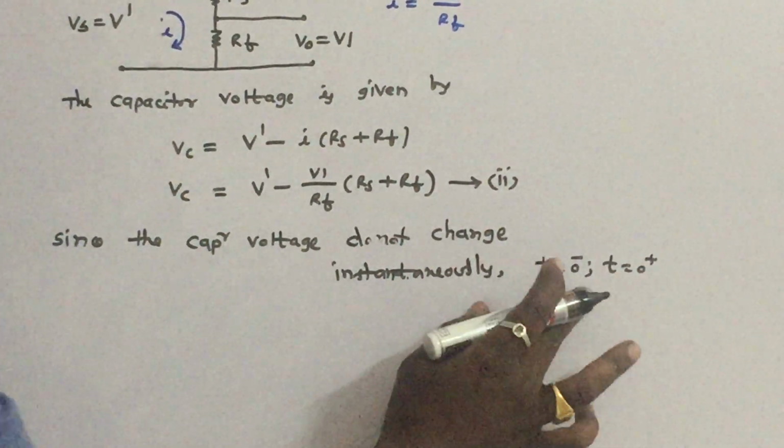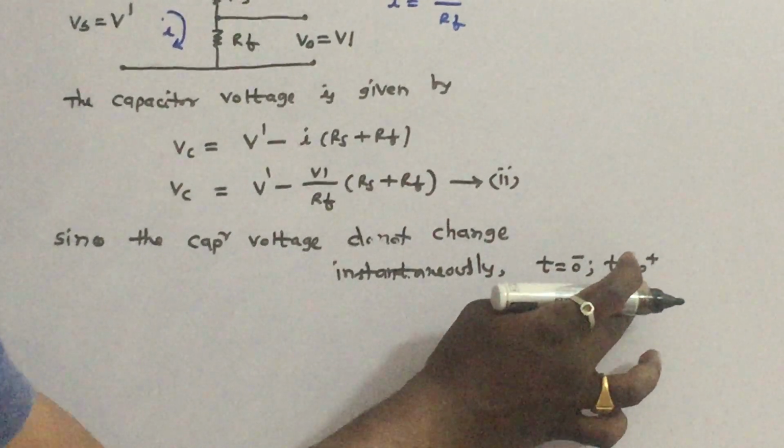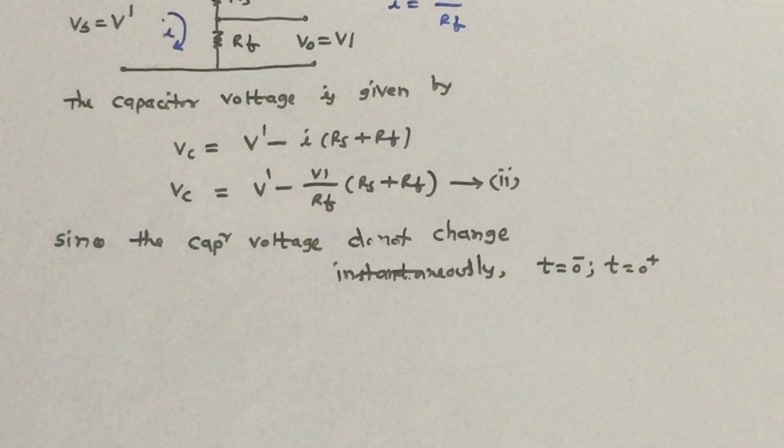The capacitor voltage will remain the same at t is equal to 0 minus and at t is equal to 0 plus, because the capacitor voltage does not change instantaneously.